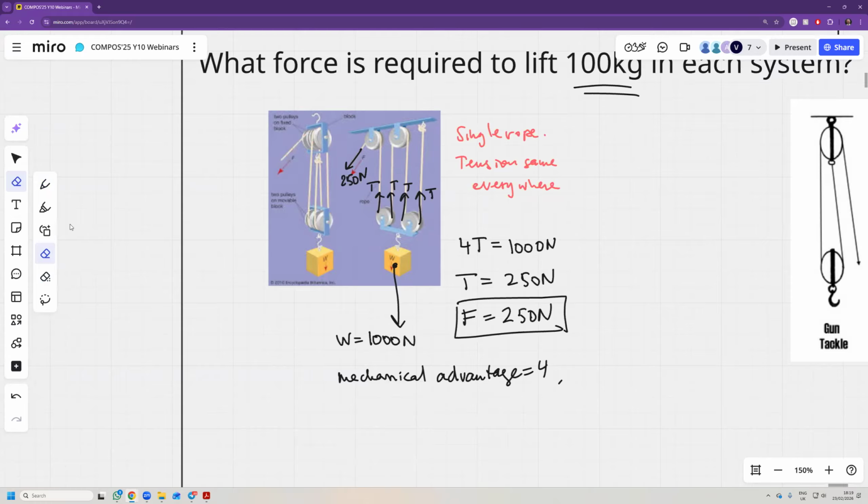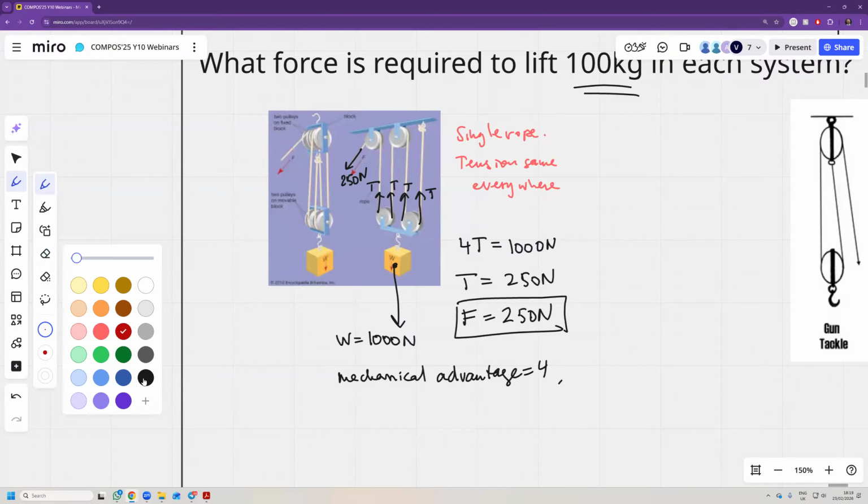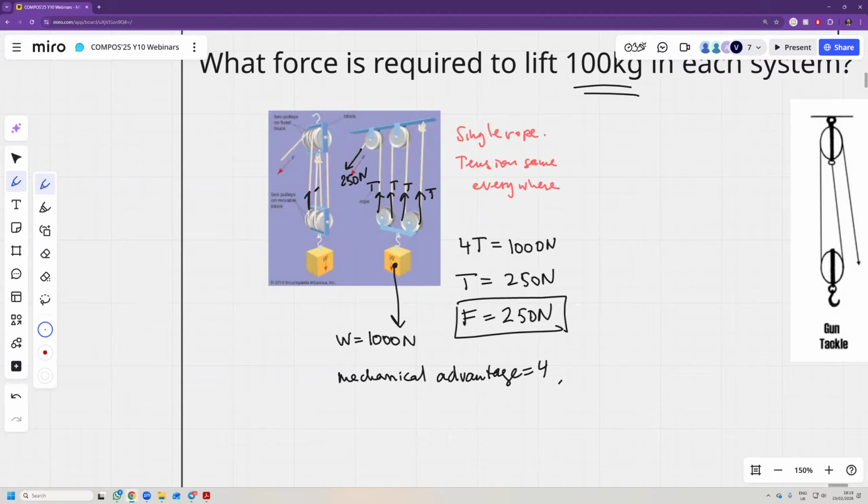It's the same four ropes supporting the load. So this is tension, tension, tension, tension. There are four ropes holding one mass, and the tension in the rope is the same everywhere. So once again, this is 250 newtons. To lift 100 kilograms, you need only 250 newtons, where you would normally need 1,000 newtons.